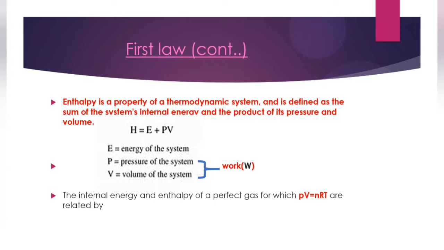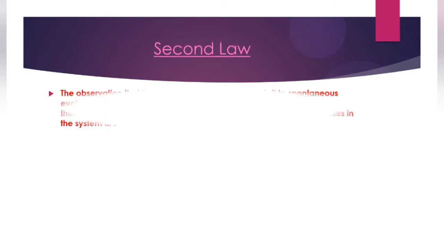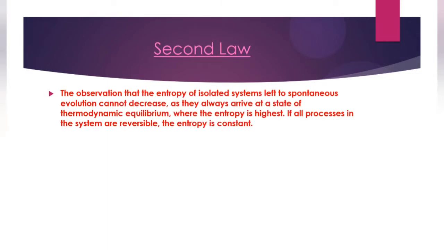The second law of thermodynamics is defined as the observation that the entropy of an isolated system left to spontaneous evolution cannot decrease, as it always arrives at a state of thermodynamic equilibrium where the entropy is highest. If all processes in the system are reversible, the entropy is constant.